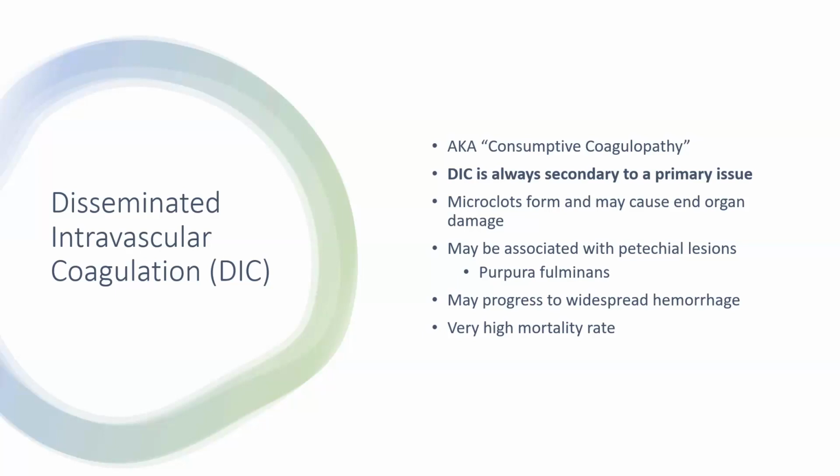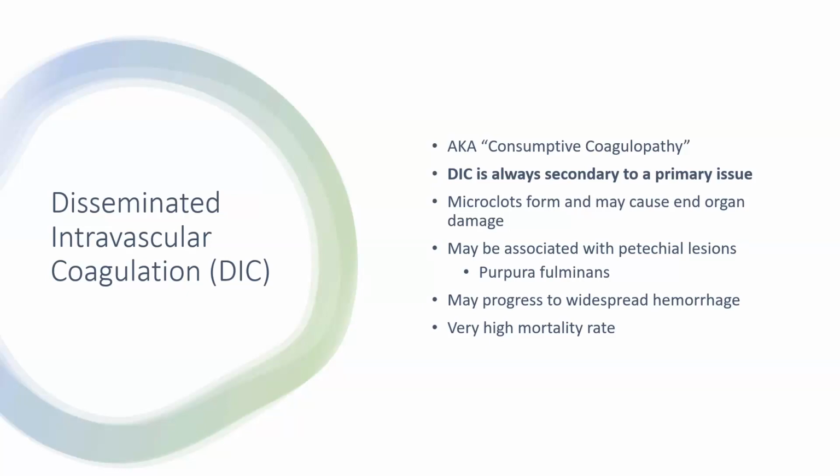These sorts of situations can stimulate DIC in that they, again, injure the endothelial layer within the vessel wall, and that intrinsic pathway gets stimulated. The factors begin to be converted and activated, and those factors get consumed.